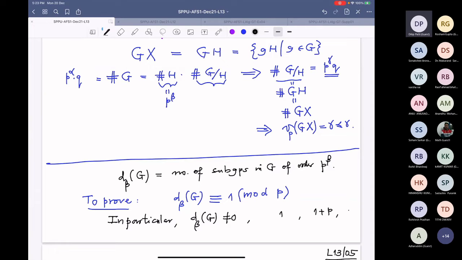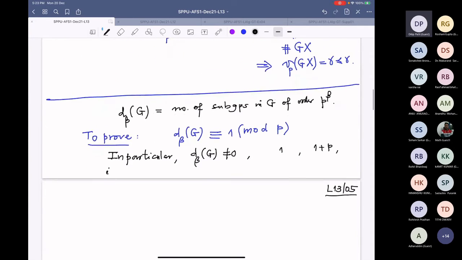But it is definitely at least 1. So that is, G has a subgroup of order p power beta. And also I can take beta equal to alpha, so that we prove the existence of Sylow subgroup. Alright, so I have to prove this.